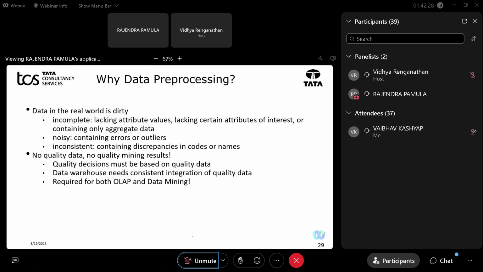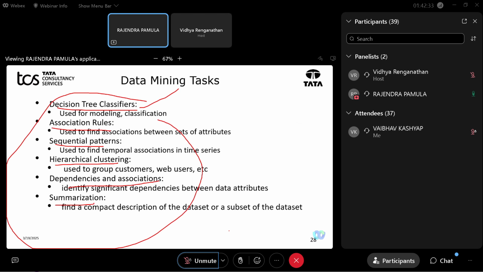So the first and foremost thing that we have here is that data is available. Data cannot be properly available. They are rough data and unwanted data. So the data may have some problems.